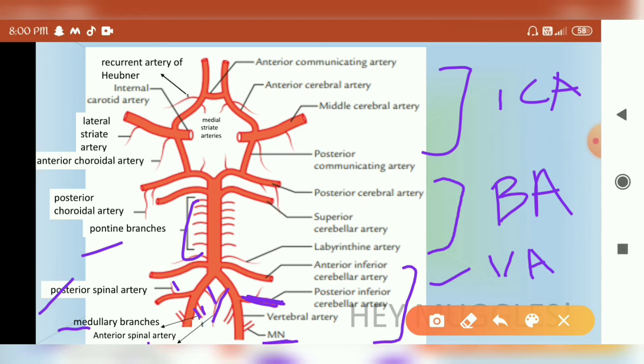I previously told you that the basilar artery is formed at the lower level of the pons, right? And it bifurcates into two at the upper level of the pons, right? So in between, in the pons, the basilar artery gives some pontine branches and supplies the pons, right?